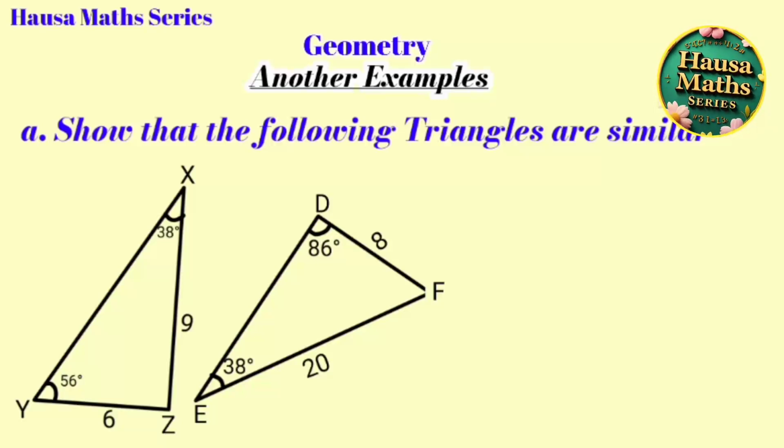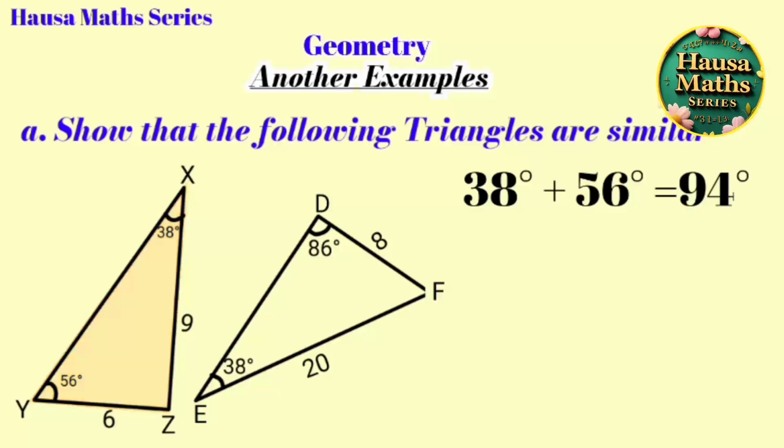So in the previous lesson we already know that every triangle has a total of 180 degrees. In both triangles we have two values. The first one, XYZ, has the values 38 degrees and 56 degrees. When we add 38 degrees and 56, it gives us 94 degrees.